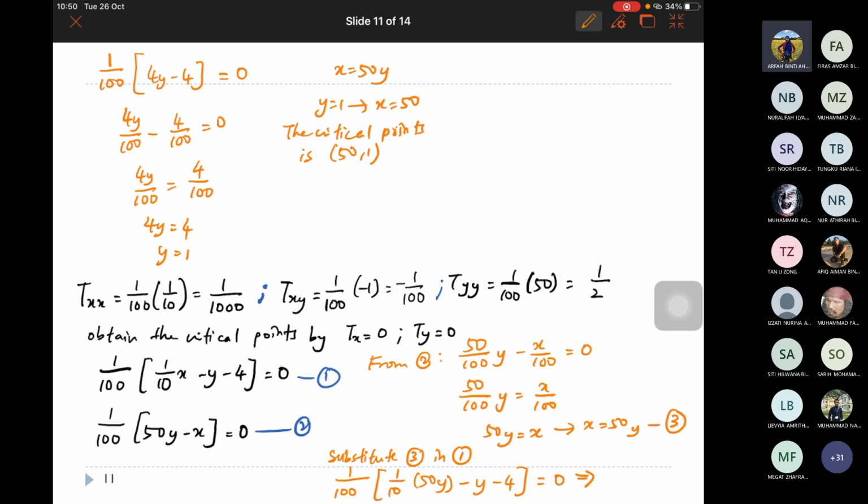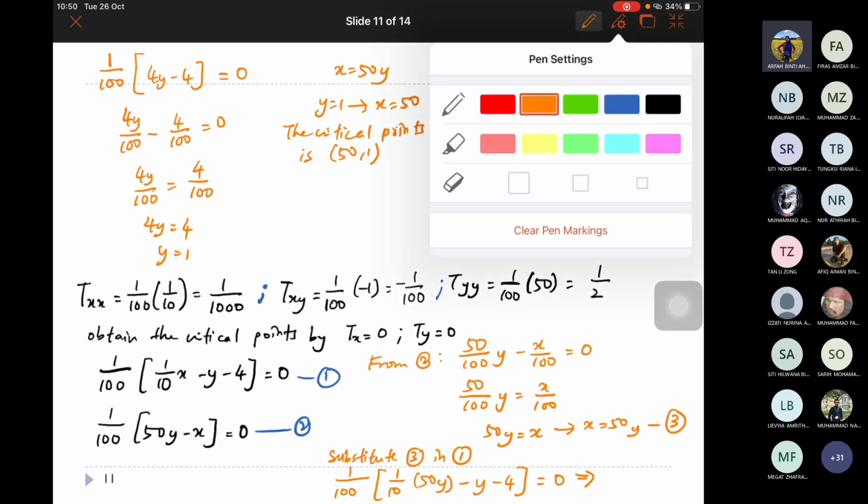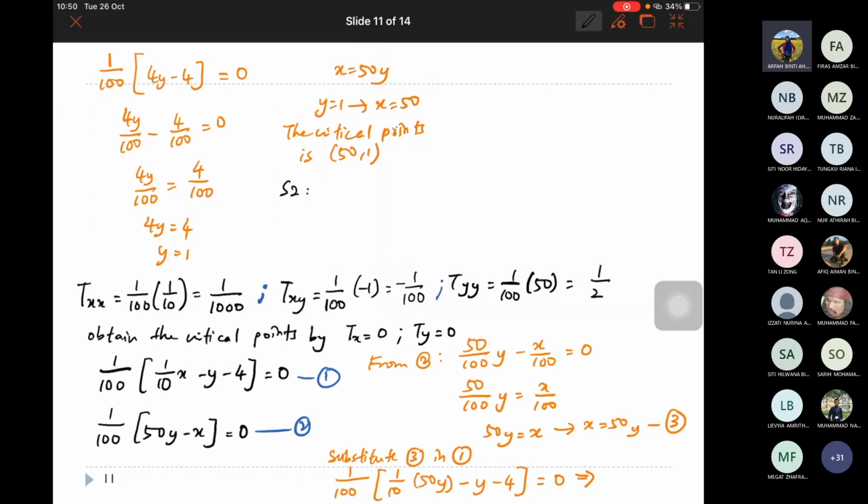Okay, so very good question tadi daripada MT Afiq. So from here dah dapat dia punya titik critical point 51. Dah dapatkan dia punya step kedua baru compute. Okay. Then step 2 baru compute TXX 51, TXY 51 dan juga TYY.